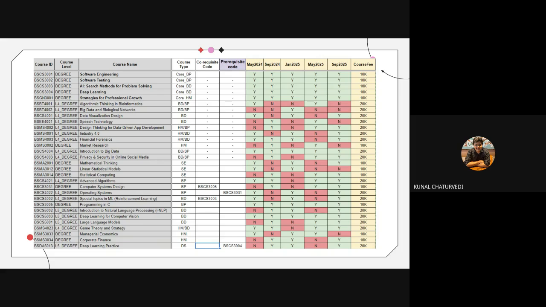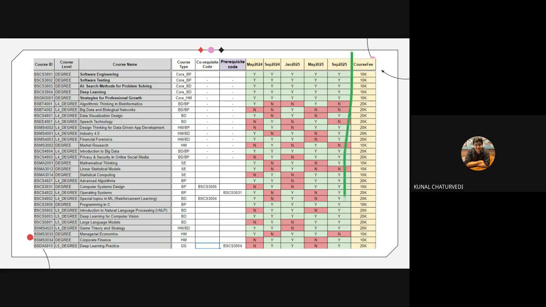So if I'm planning to take, say, Financial Forensics, and I want to do it in the May 25 term, I cannot do it. It says no here. Only in very rare cases can this availability change from yes to no or no to yes, but we will get into all of that later.